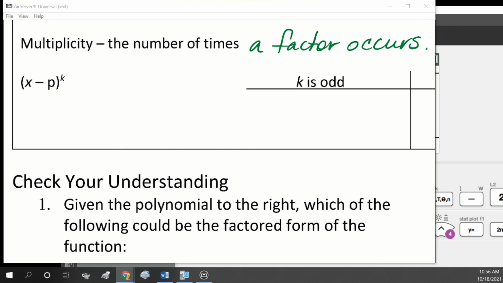All right, so for x minus p raised to the k, which is going to be the 0, the p or the k, or the x-intercept? P. So we would say p is a 0 because it makes the function 0 with multiplicity k.